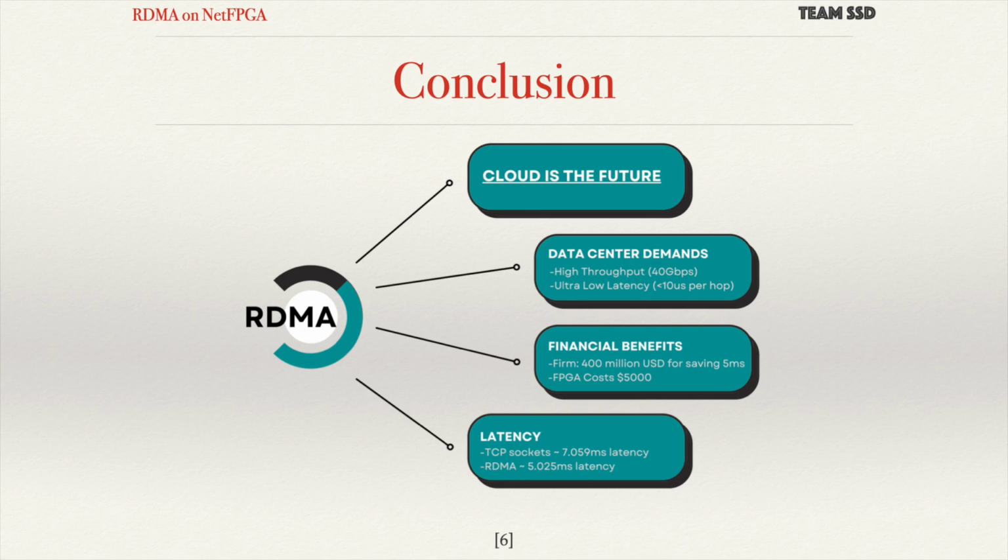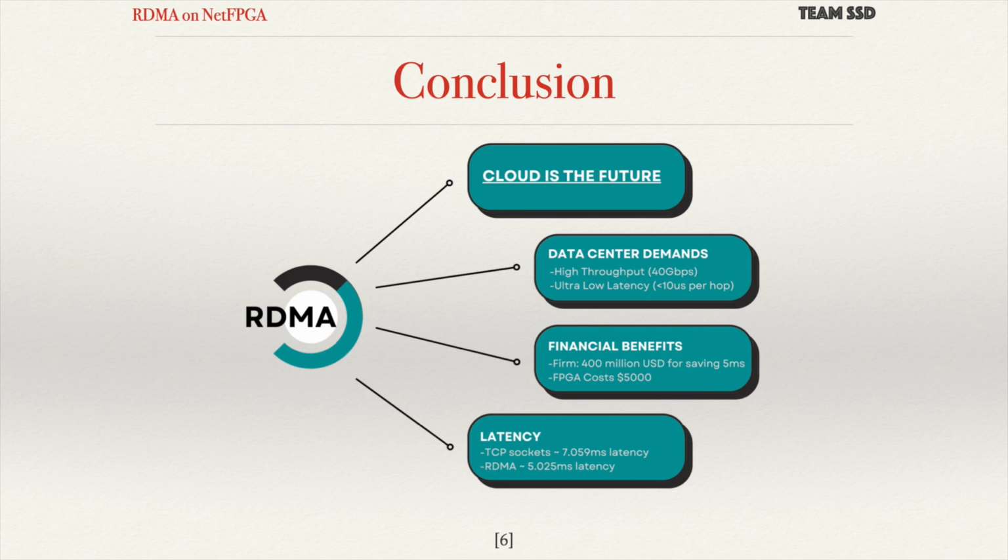And when I'm talking about edge, the data centers right now have an intensified demand of high throughput, close to significant amounts of gigabits per second, and ultra low latency rates of less than 10 microseconds per hop. Most big players are trying to achieve this.